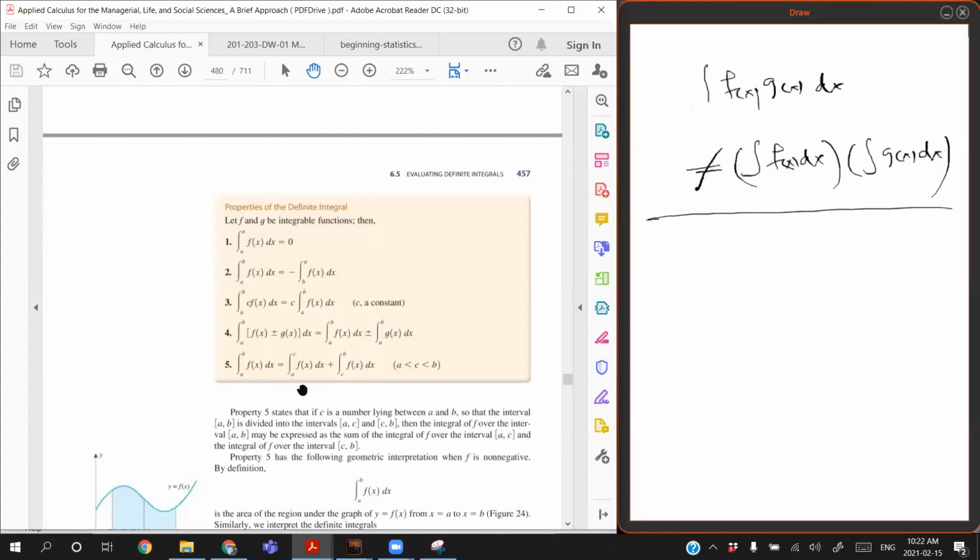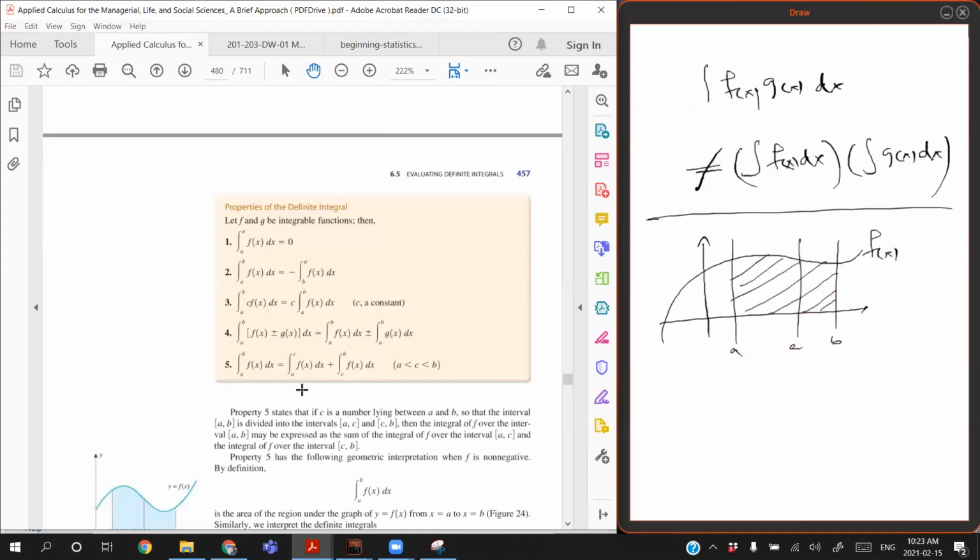And finally, property number 5 is easier to understand in terms of areas. If you have a function f of x, and let's say a and b, if I just think of a number that is between a and b, for example the number c that's here, then you agree that the whole area from a to b is actually the area from a to c plus the area from c to b.